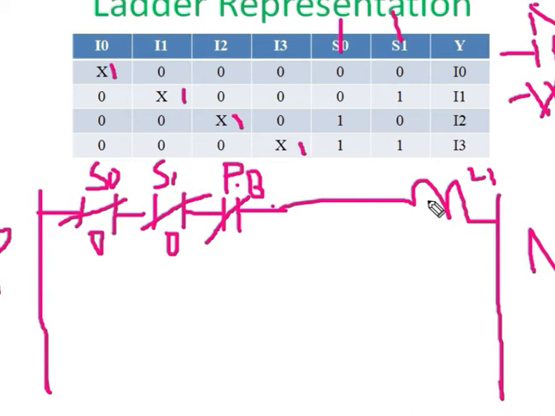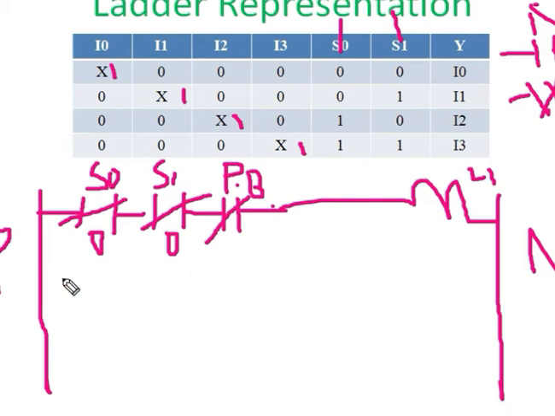This is our concept, and I took just a lamp, meaning load. Now here, when you are giving S0 S1, I took 0 0 as the initial condition. We are not applying any force to get it on, but we took this push button as a NO, and we are making it a NC. So our load starts, meaning I1 gets started, and it reaches the destination.